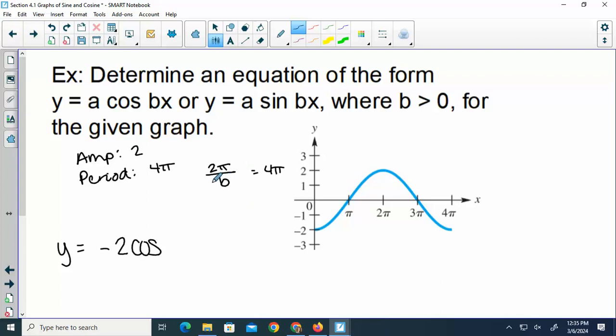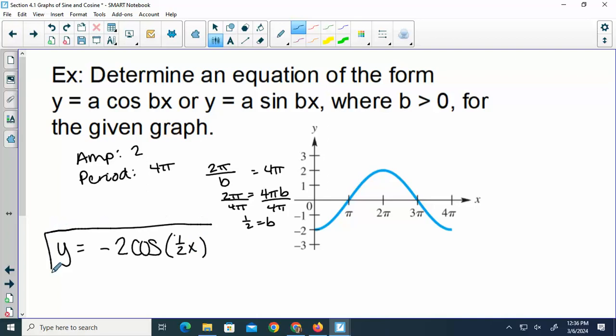So I'm trying to solve for that number. Divide by 4 pi, and we get 1/2. So it's negative 2 cosine of 1/2 x. You just do x over 2 for that.